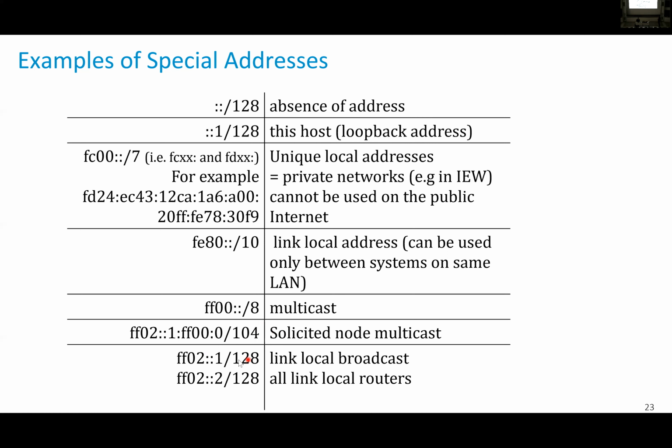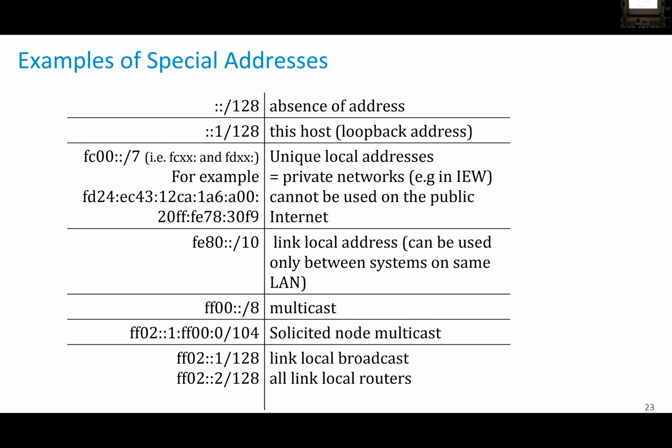And there are similar broadcast addresses. For example, if you want to send a packet to everyone on the local area network, you can use this address. But you also have other things. For example, you have all link local routers. That means here, when I'm using this destination address, I'm sending to everyone that is in the same local area network as me.